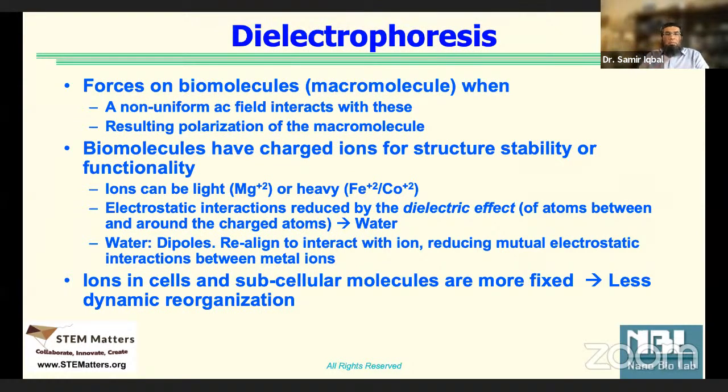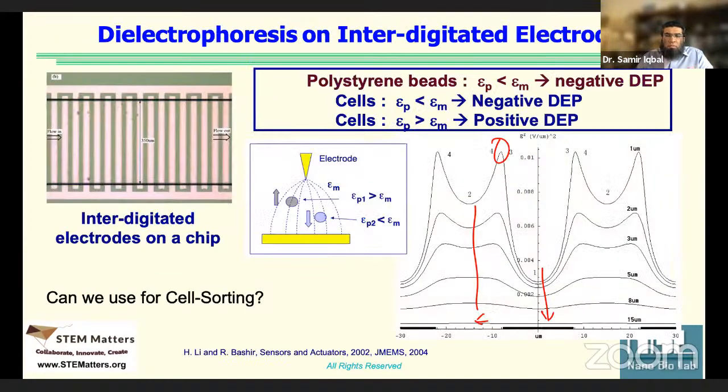And that's something which can be used to possibly separate cells. And there's lots of work that has been done. So now when you look at electrophoresis, we have a medium, a solution, which has its own dielectric property, its own dielectric constant. Now you have a floating bead or floating cell or floating bacteria, which has its own dielectric constant.